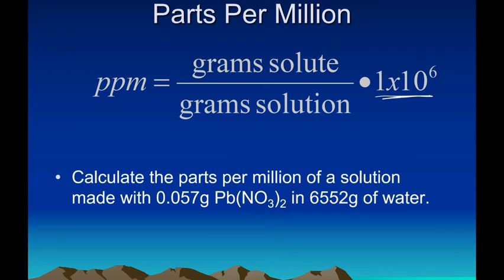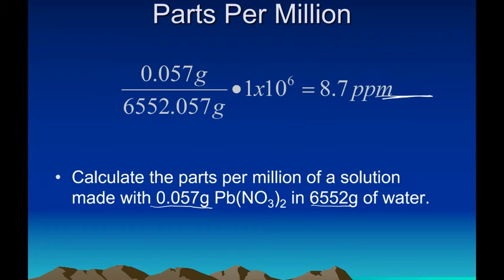Well, my grams of my solute is 0.057 grams, and my grams of my solution is 6,552 plus the 0.057 grams. So let's go ahead and plug those numbers in. We get 0.057 grams divided by 6,552.057 grams.